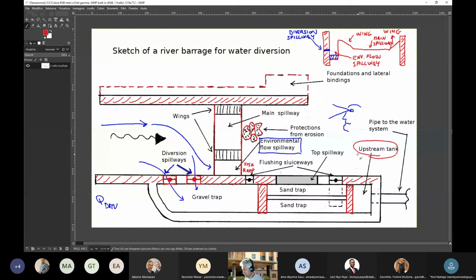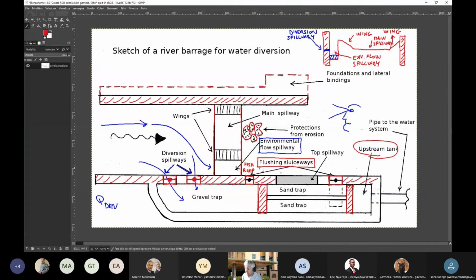Now, gravel trap and sand trap. How can I design them? First of all, keep in mind that for each of them, I need a bottom discharge, and the bottom discharge is located here for the gravel trap and here for the sand trap. These bottom discharges are called flushing sluiceways. They are opened for cleaning, okay?